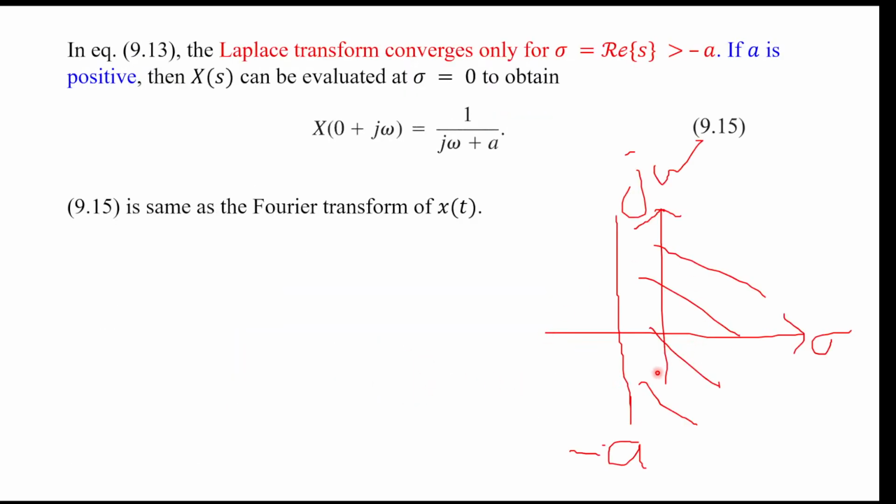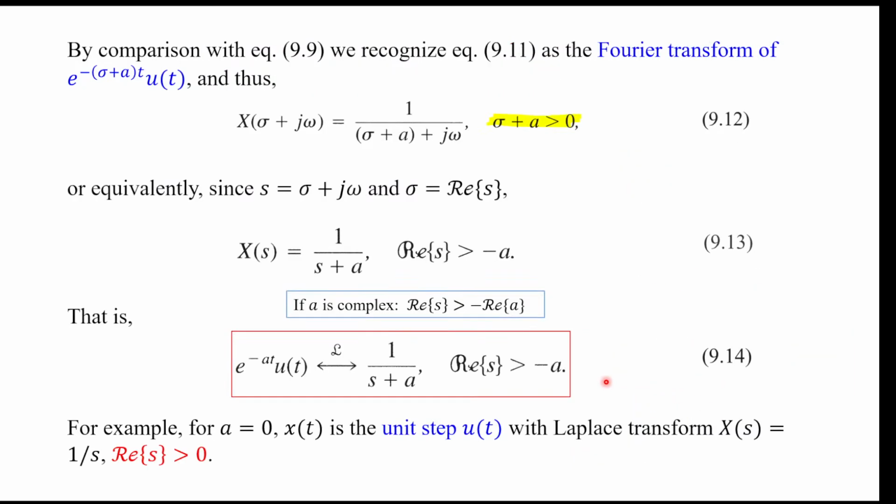Okay, so you can have a negative, and you can still have this Laplace transform. Only a needs to be a real number, and your ROC will just be the right side of your imaginary axis, so you don't have a Fourier transform, but you still have a Laplace transform.